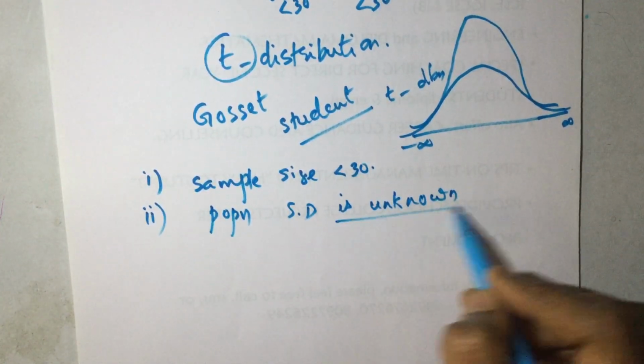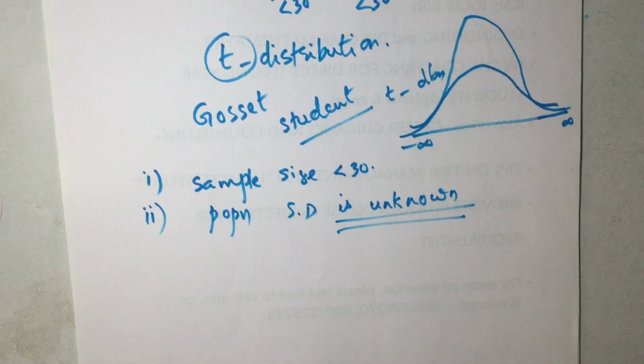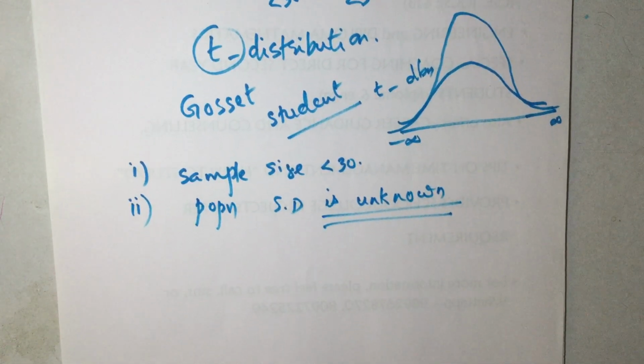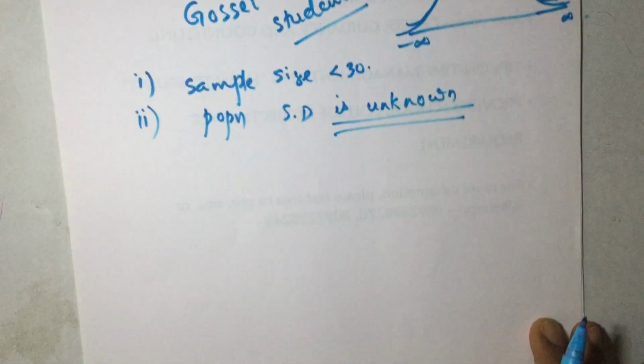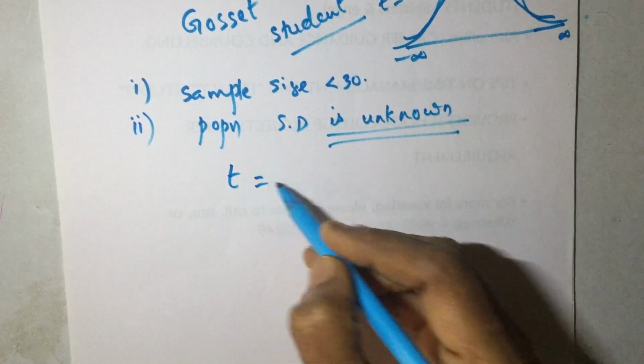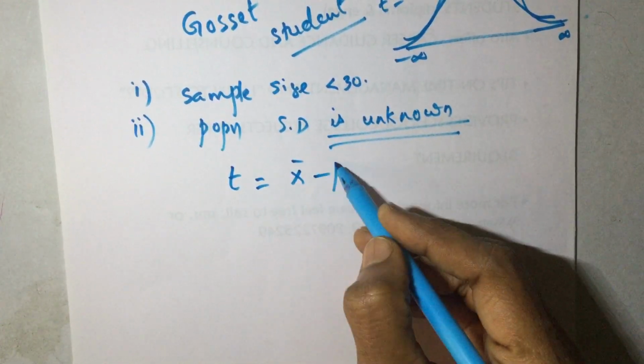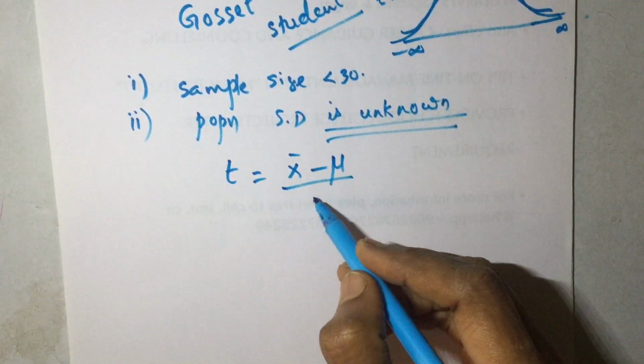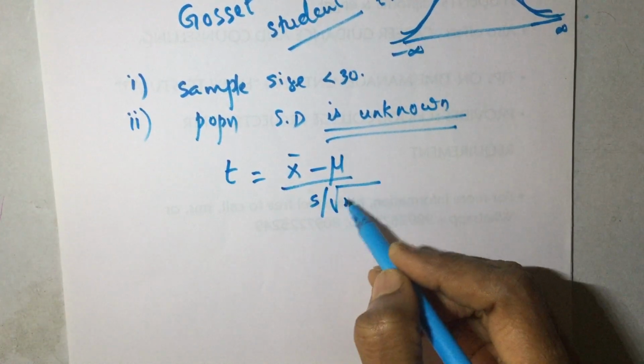You have to be very careful: the standard deviation of the population is unknown and the sample size is less than 30. The test statistic is given by t equal to x bar minus mu divided by S upon root of n minus 1.